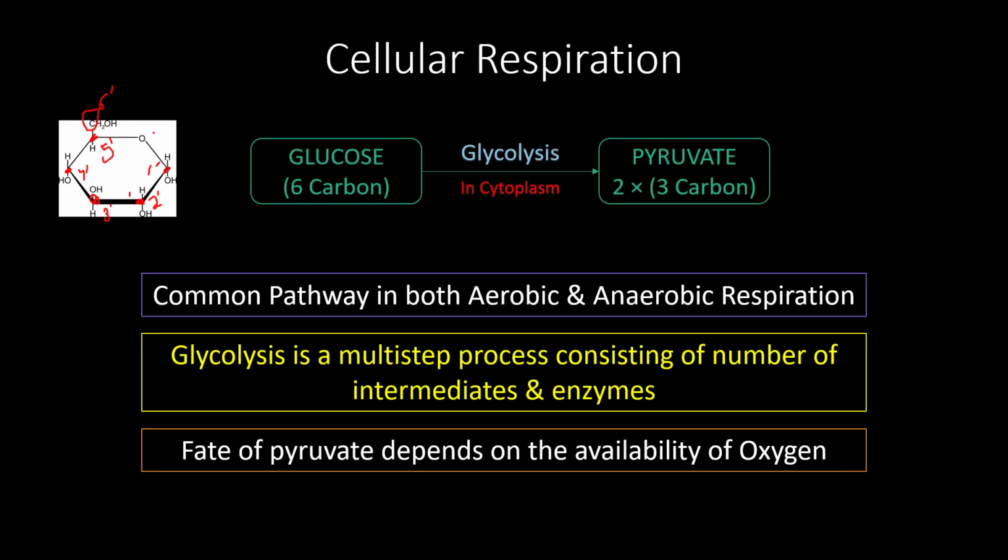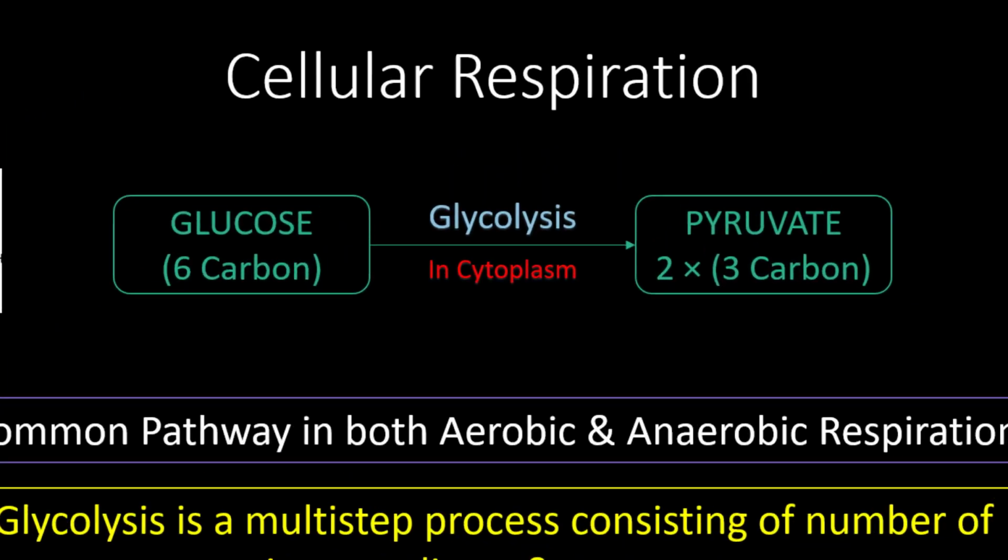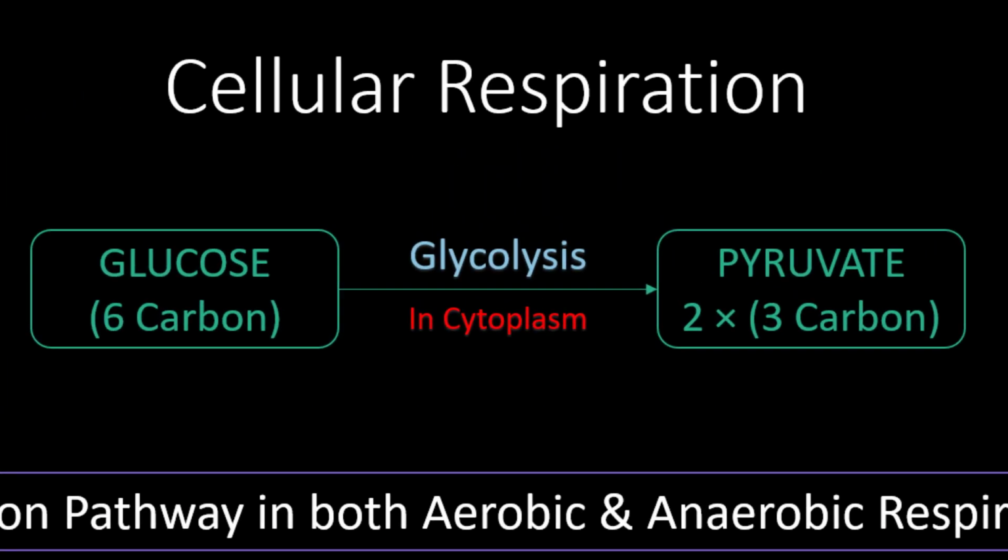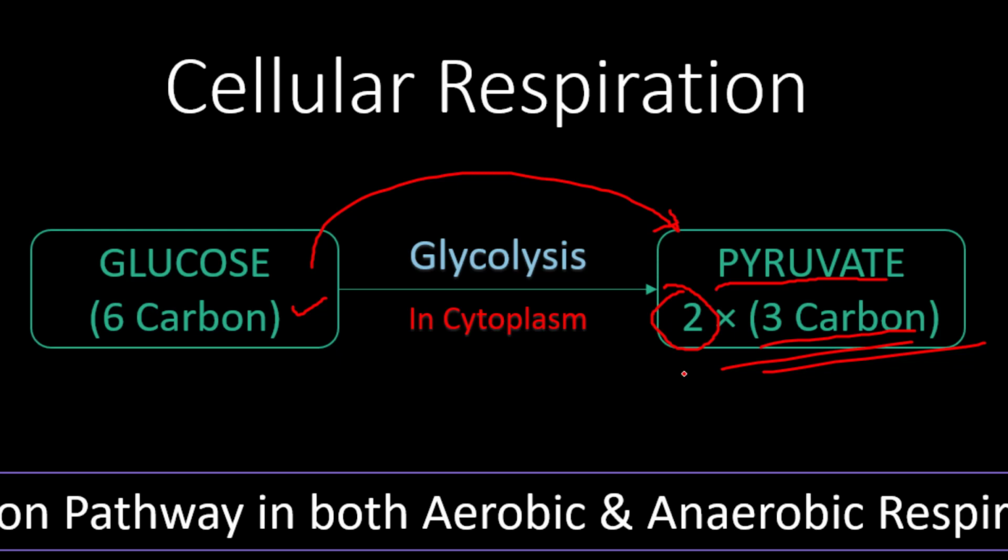So the first step, which is universal for every single living organism in the cellular respiration pathway, is glucose getting converted into pyruvate, a 3-carbon based structure. Since glucose is a 6-carbon structure, it gives rise to 2 molecules of pyruvate.